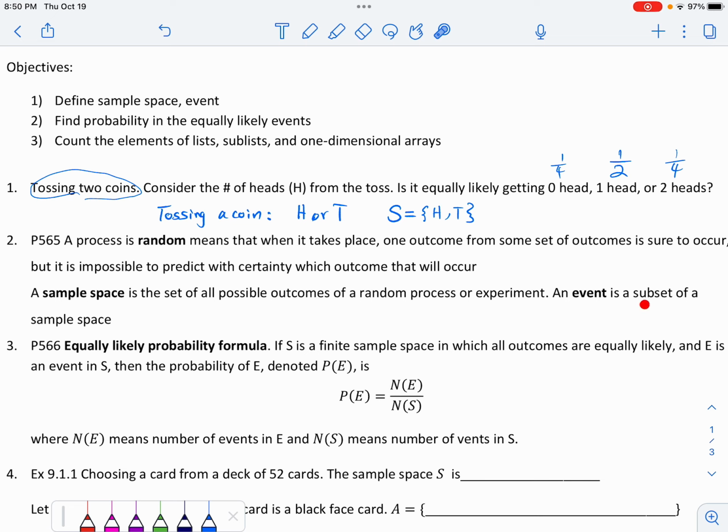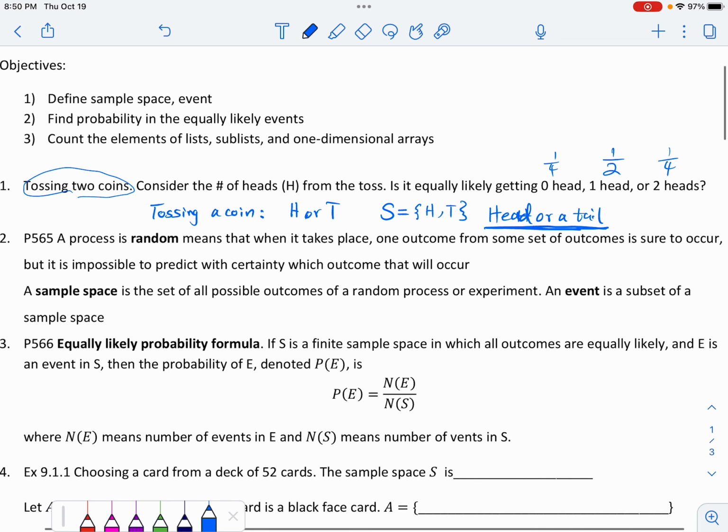An event is a subset of a sample space. In this case, getting a head is an event because it's a subset of the sample space. Getting a tail is another event. Getting a head or a tail, this also is one event.